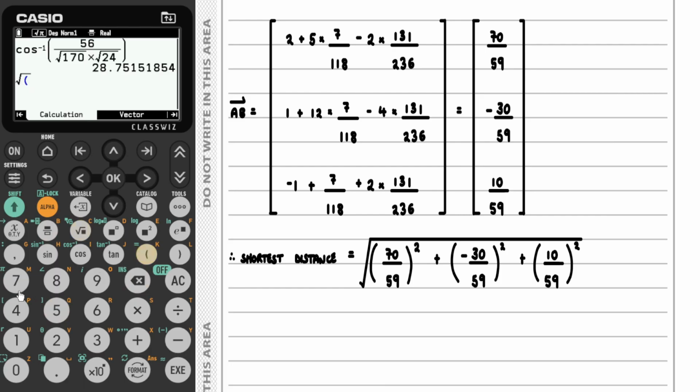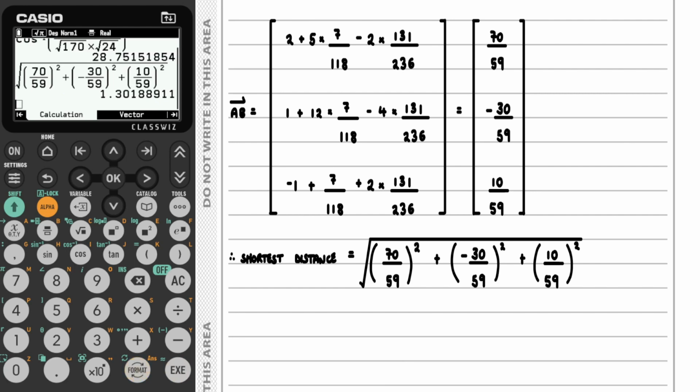We have the square root of 70 over 59 squared plus negative 30 over 59 squared plus 10 over 59 squared. It turns out we get 1.30 meters.